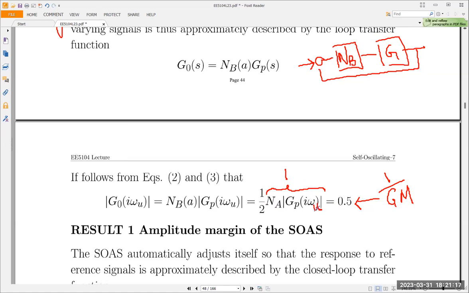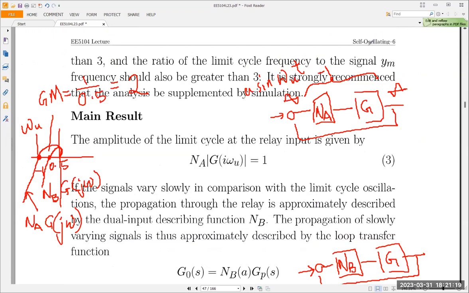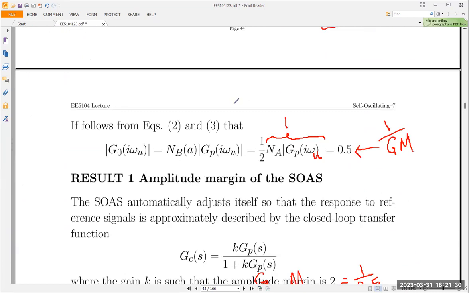And as we saw before, in order for you to oscillate like that, the amplitude must be equal to 1 or minus 1. And since the DC gain must be half of the AC gain, as far as the low frequency is concerned, at the crossover frequency omega u, it appears to have a gain of half. And then that's defined as the gain margin.